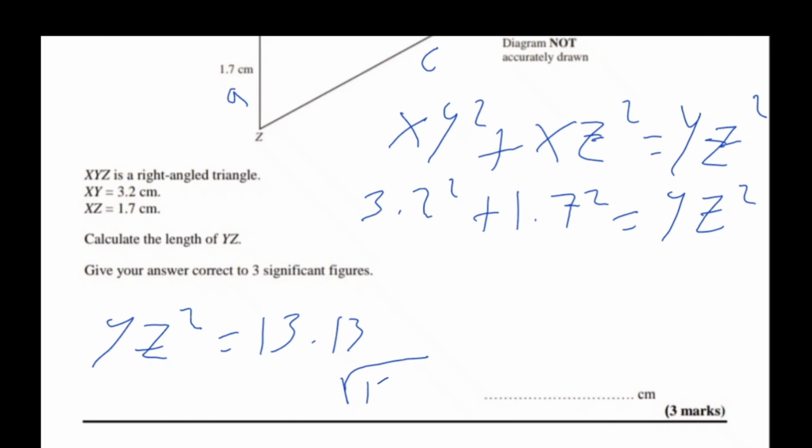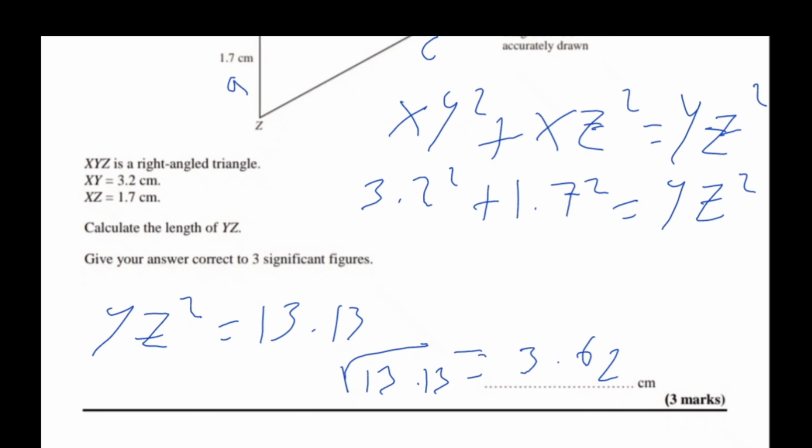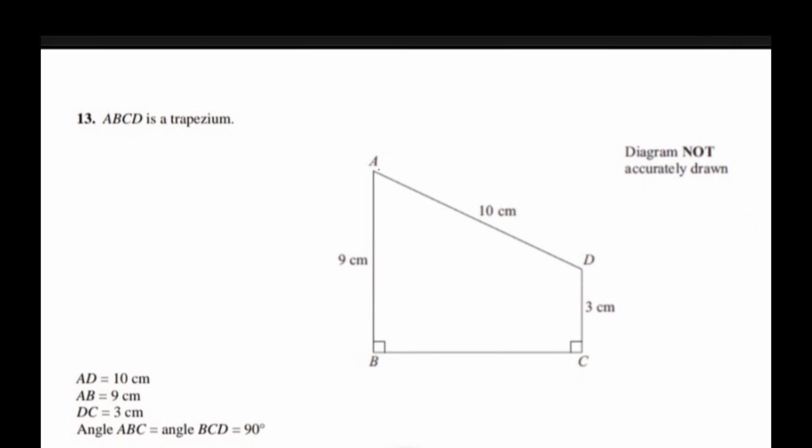And finally, we square root this answer to give us the value of YZ. The final answer was 3.62, and we can confirm this is correct since it is larger than both of the short sides.